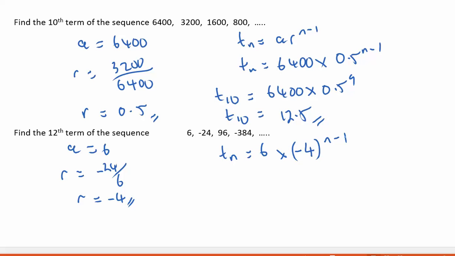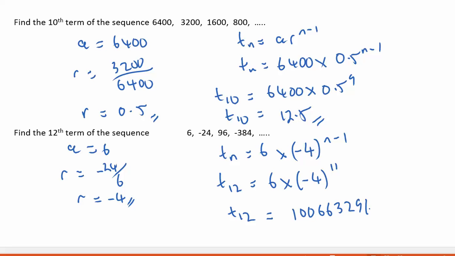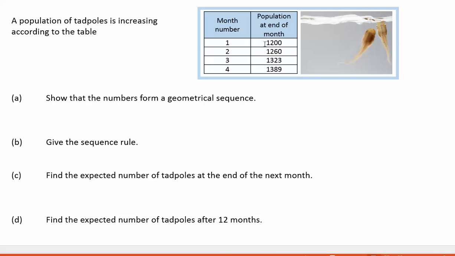And to find the 12th term, we simply plug that into the calculator and we'll end up with 100663296 as our answer.